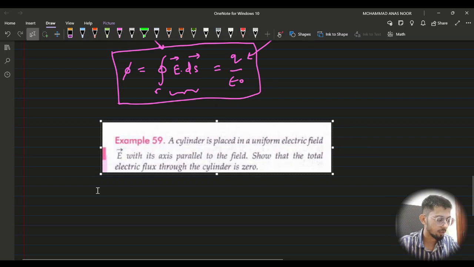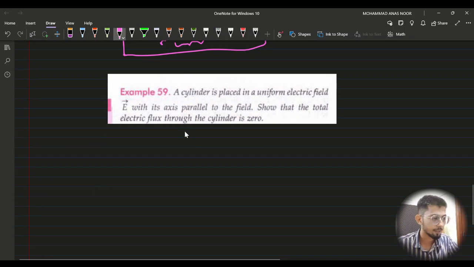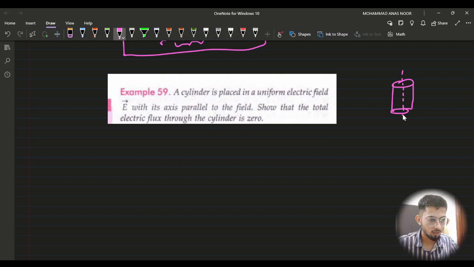A cylinder is placed in a uniform electric field E with its axis parallel to the field. You know what the axis is? Suppose this is a cylinder. This is called the axis of the cylinder, right? So the axis is parallel to the field. Let's say this is the field.